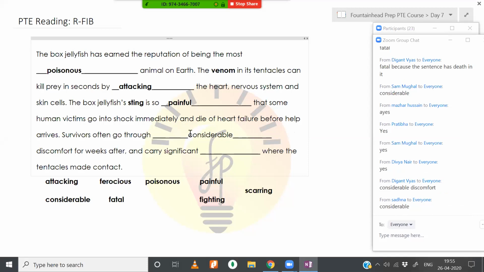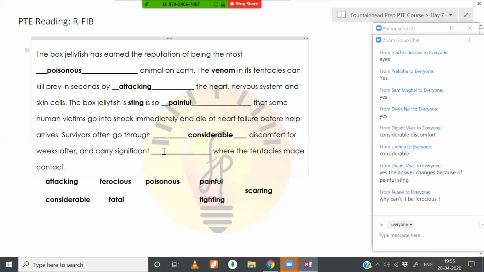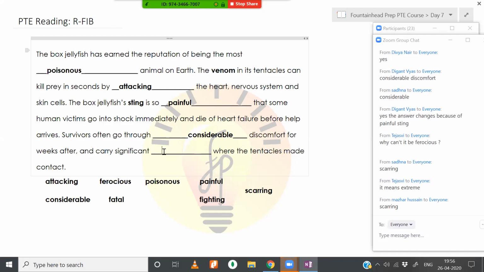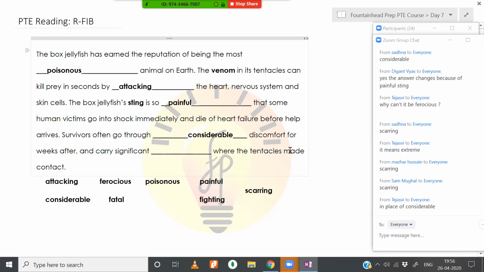Considerable discomfort is again a collocation. Tejasvi asks why it can't be ferocious.